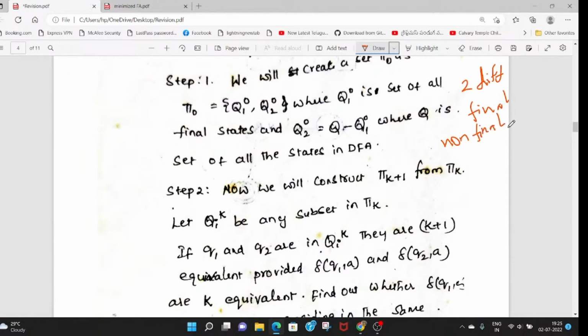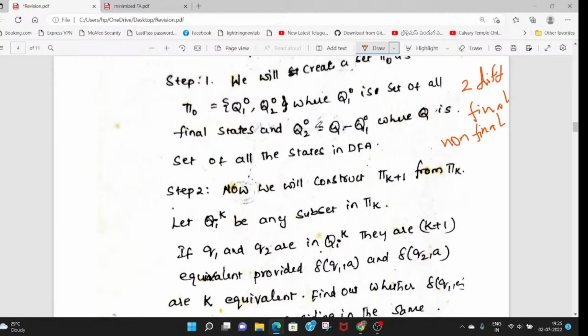Now in these final and non-final groups, if you are getting more than one state in a particular group, you are going to make a comparison. That means you take those states and find the transitions with the possible inputs given in your transition diagram.